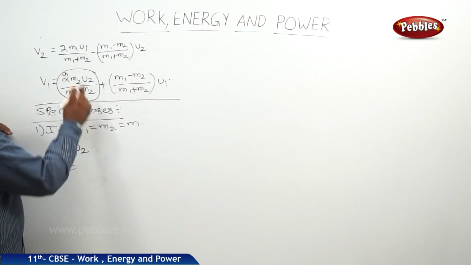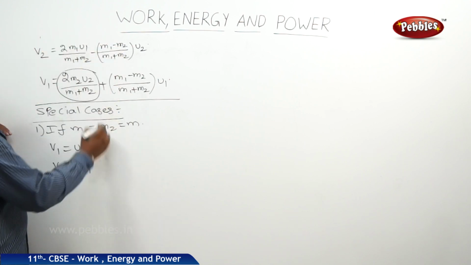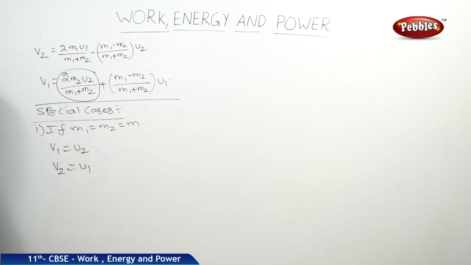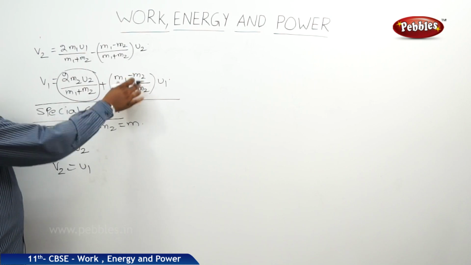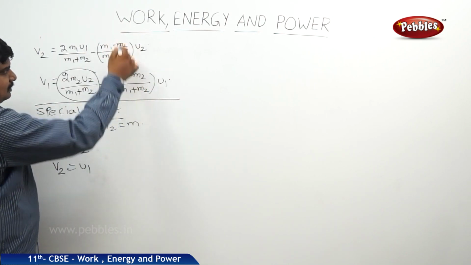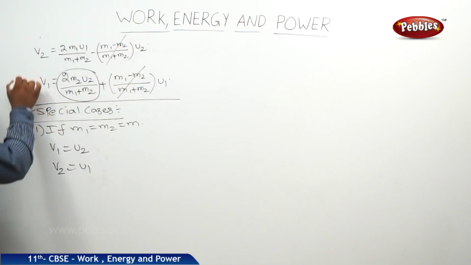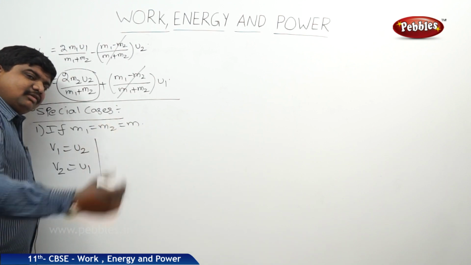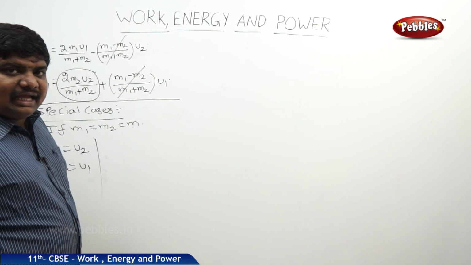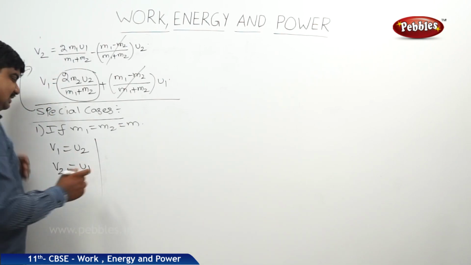This will become 2 m1 u1, and this will be cancelled out, because m1 is equal to m2, here it is 0 by something. Here also m1 is equal to m2, 0 by something. These terms will be cancelled out for this special case. So what we can understand: v1 is equal to u2, v2 is equal to u1. That means if two equal masses participate in elastic collision, after the collision, they simply exchange their velocities.